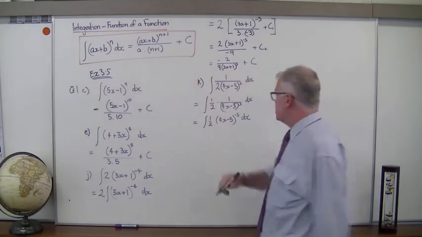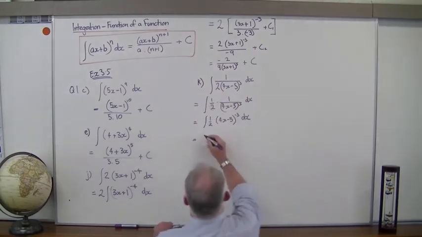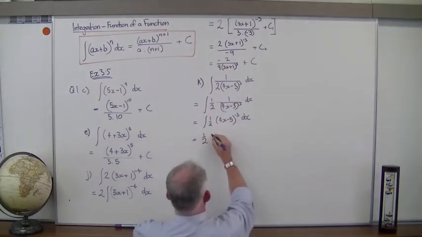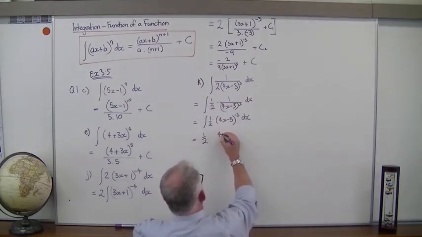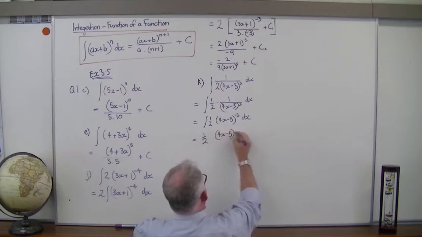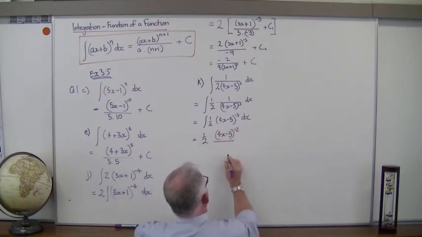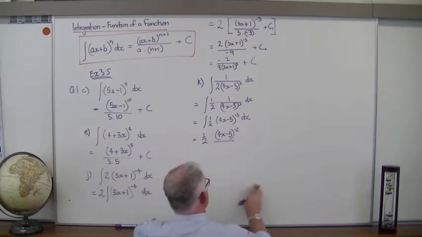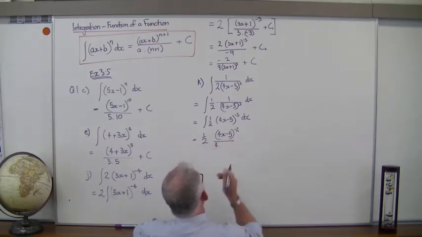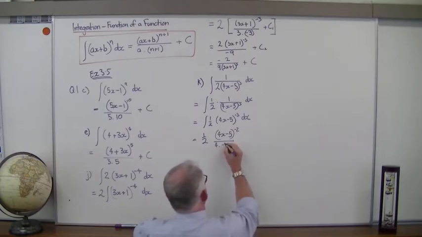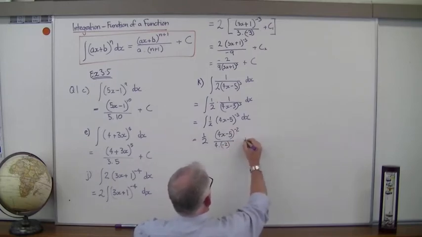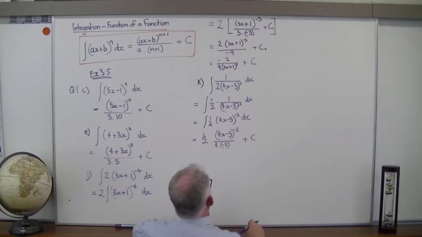And now we follow this template. We'll have 1 half, 4x minus 5 to the power of minus 2 all over, the value of a here, the coefficient of x, is 4, so we'll have 4 times minus 2 and then plus a c term.